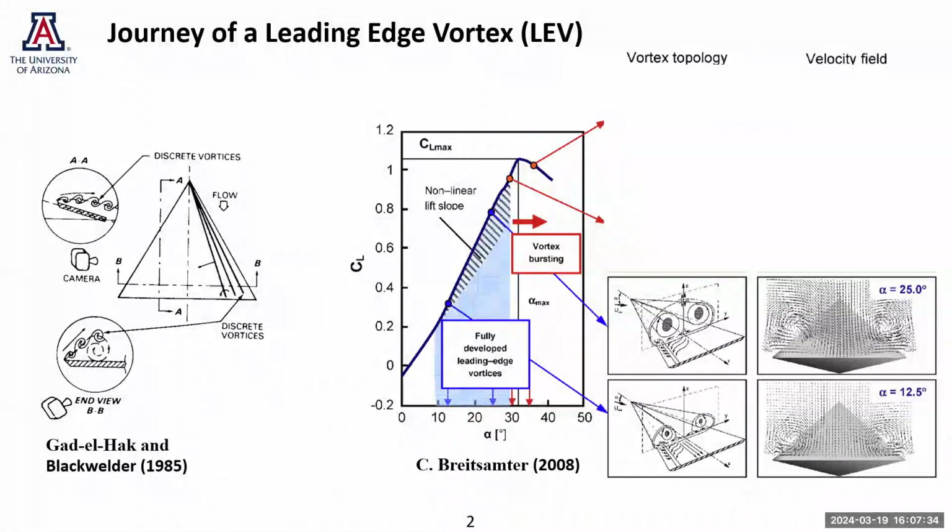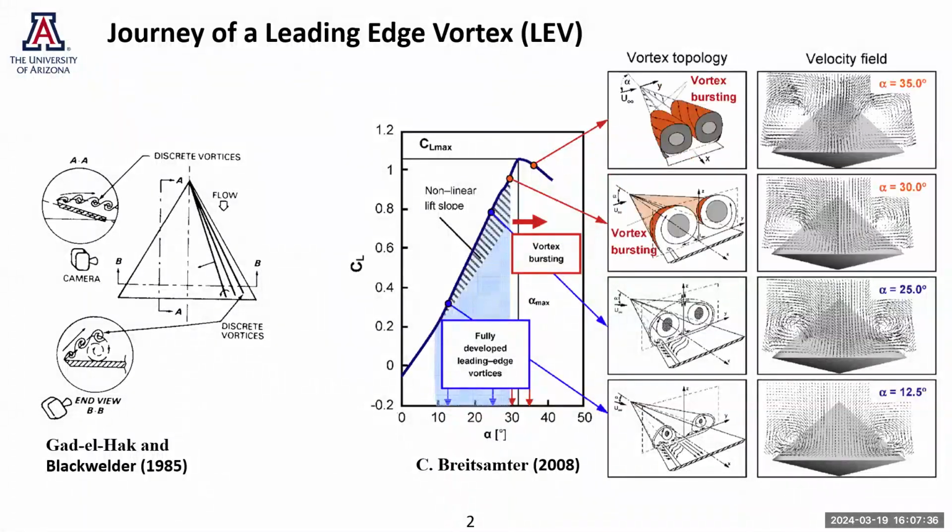Further, if we go higher, we reach a condition called vortex bursting. For people who are new to the CL-alpha plot, this region is where we experience stall of the aircraft, where we have no control over the aircraft and its control surfaces.